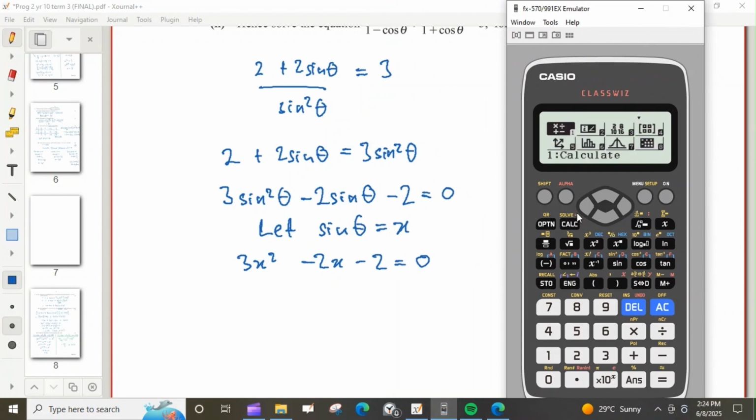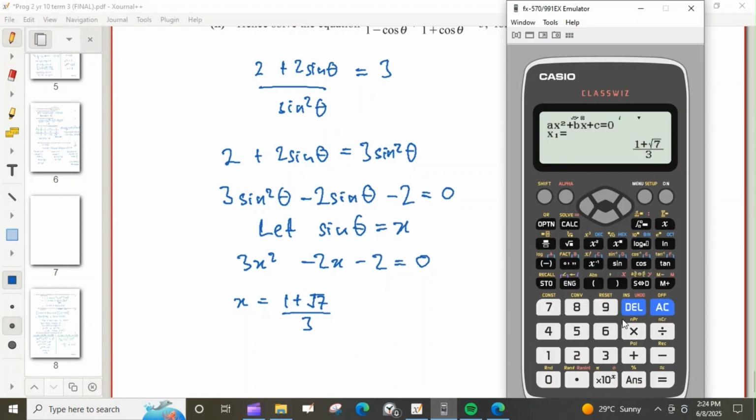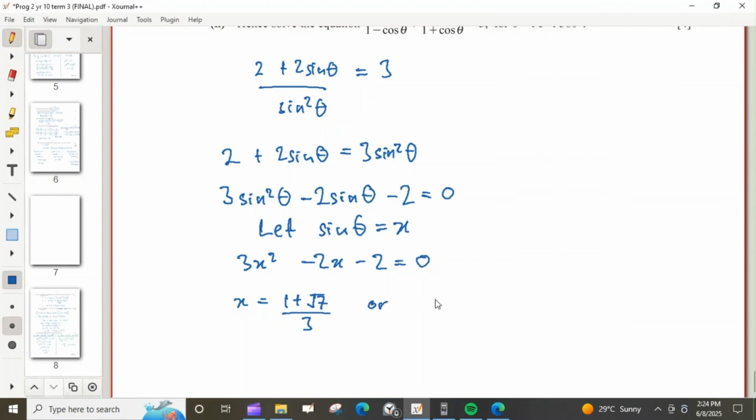That's if it's a calculator paper. 3, minus 2, minus 2. Oh, I'm right. So x is equal to 1 plus root 7 over, is it over 3? Yes. Plus or minus. Okay.